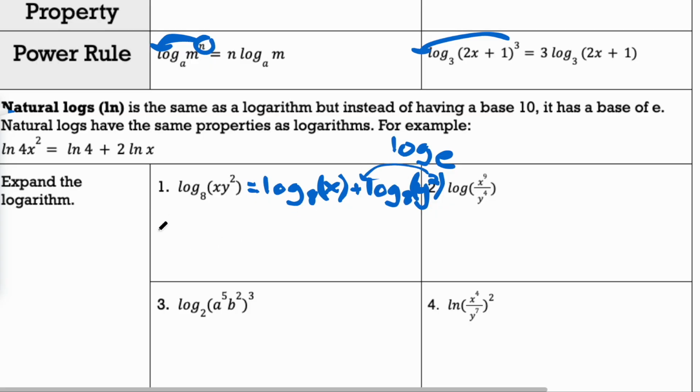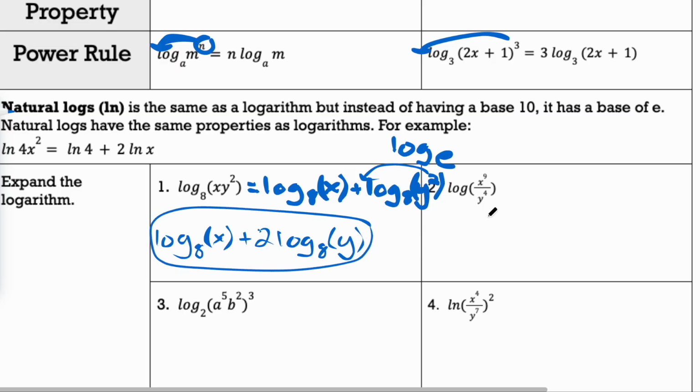So we can say log base 8 of x, plus, since we're raising this to the second power, we bring the 2 out front to be a coefficient. We say 2 times log base 8 of y. And that's just going to be our answer.